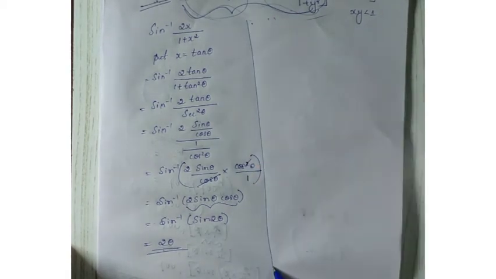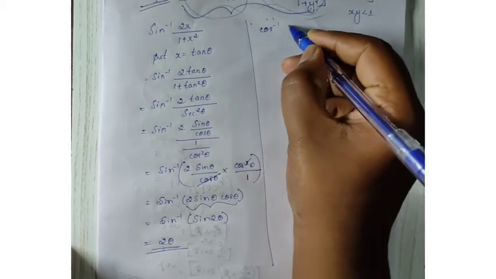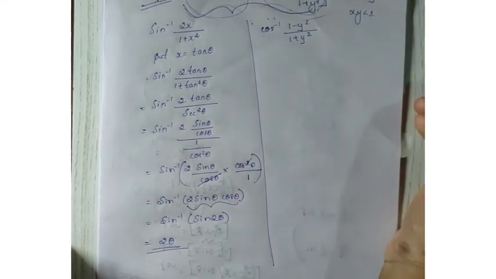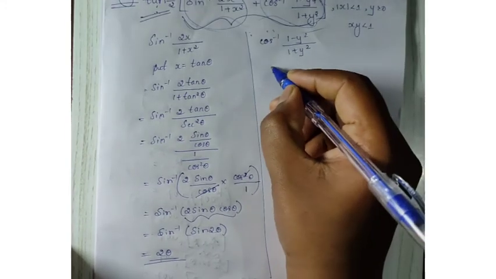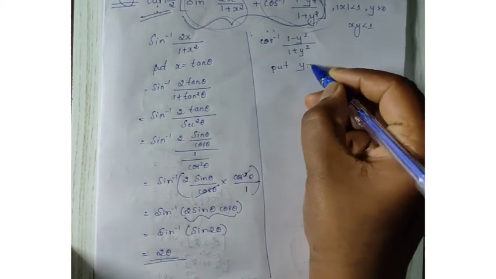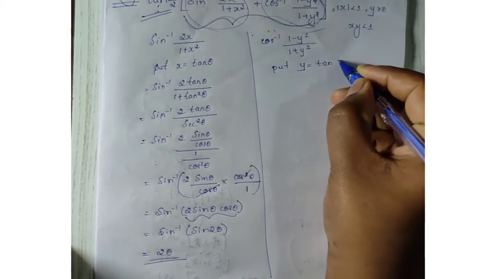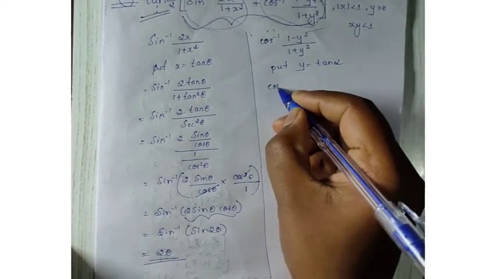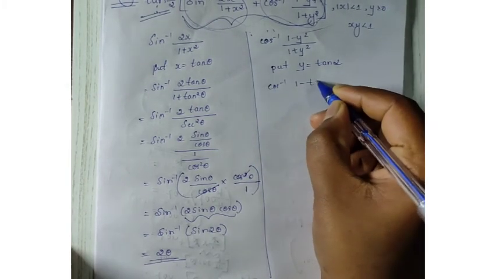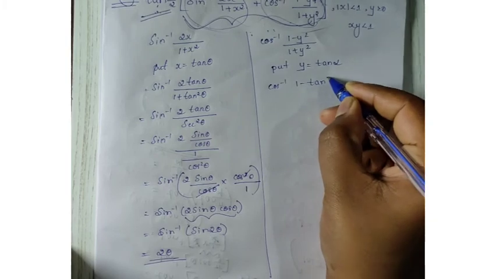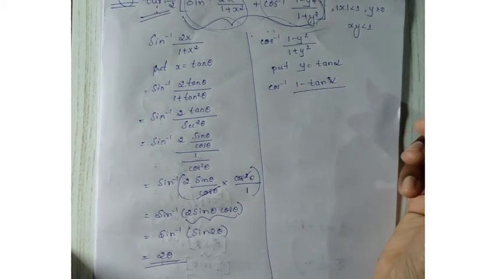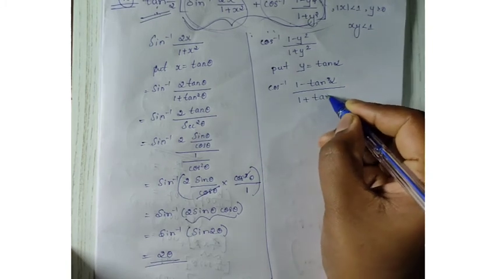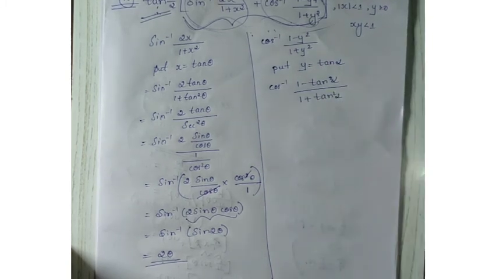Fine. Let us now solve cos inverse 1 minus y square by 1 plus y square. So here I'll put y as tan alpha. Fine. So this will be cos inverse 1 minus tan square alpha. Tan alpha whole square is nothing but tan square alpha. Divided by 1 plus tan square alpha.